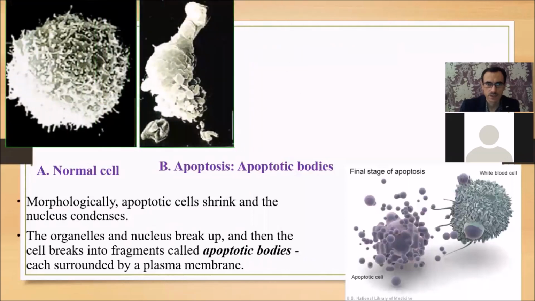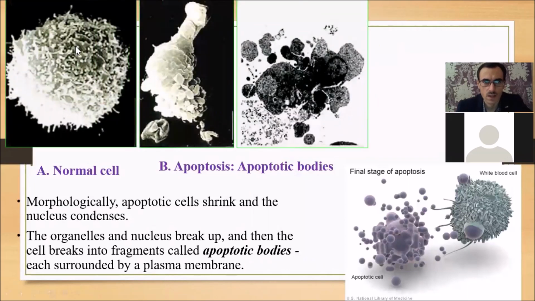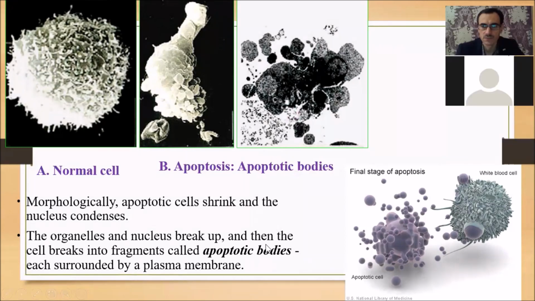Here we can compare the normal structure and the apoptotic bodies. You see the scanning electron micrograph and the transmission electron micrograph of the apoptotic bodies. And these apoptotic bodies are ready to be eaten by macrophages.